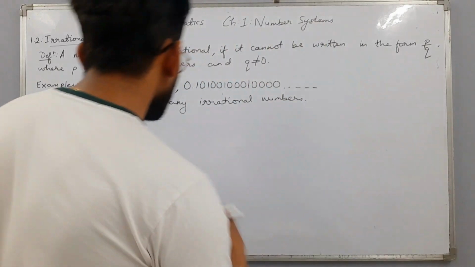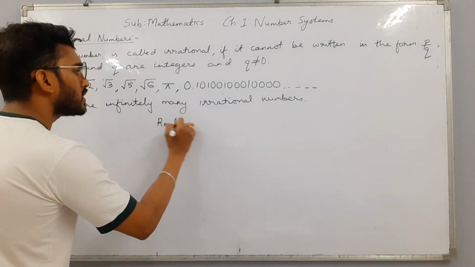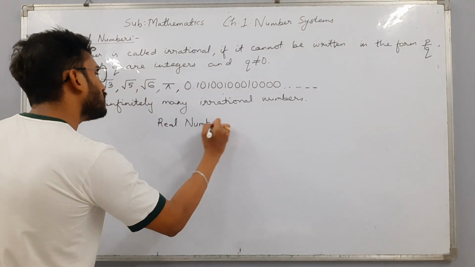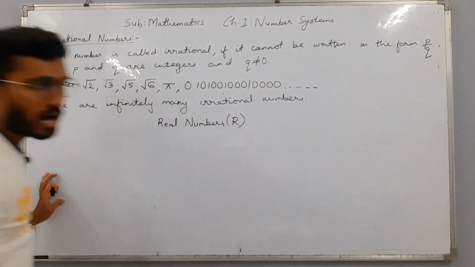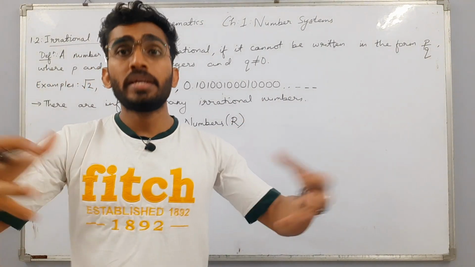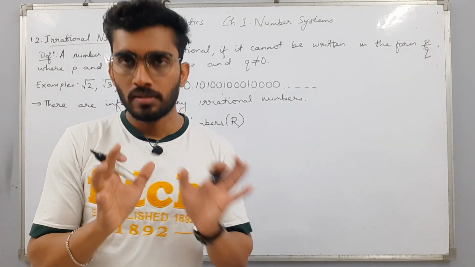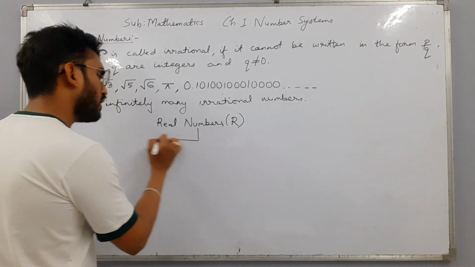Now we will see what real numbers are. The symbol for real numbers is capital R, and this is the biggest set we have seen till now.